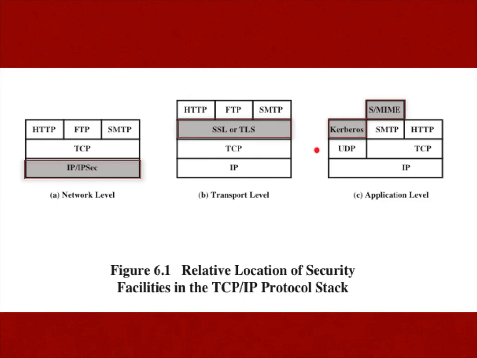The idea about TLS and SSL, as we said, is that TLS is on top of TCP, and this is for application level security. The trick of transport level security is that it can be implemented as part of the operating system and used by any application.